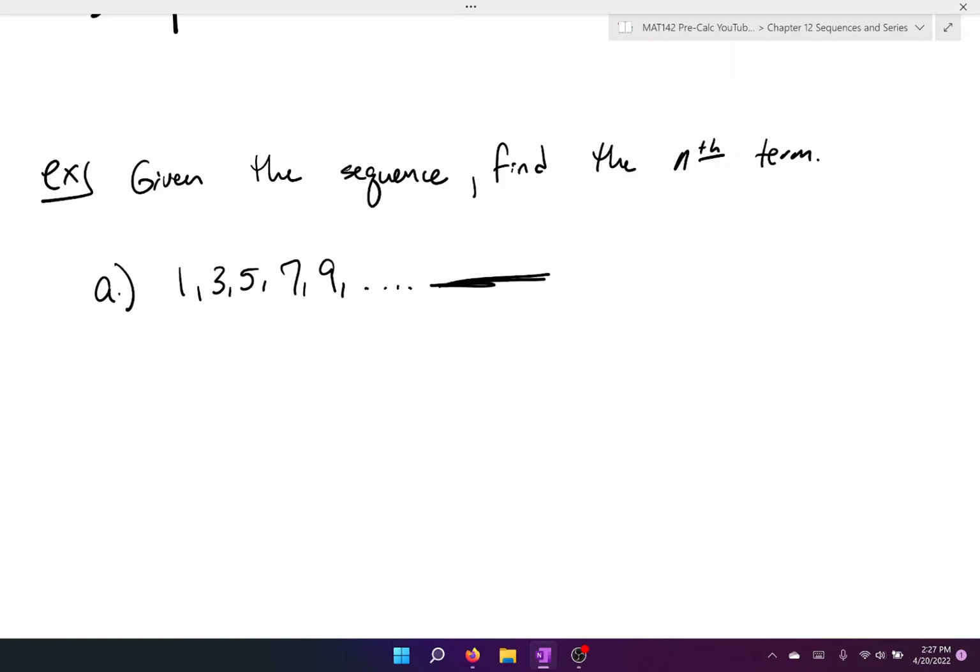All right, so we have the odd numbers: 1, 3, 5, 7, 9, okay? Now, if you want to start finding some sort of a series or a sequence to generate these numbers, what I'm really asking for is, what does a sub n equal?